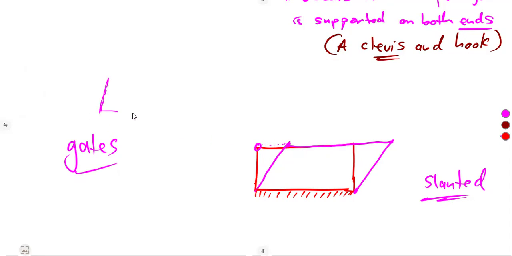The base remains where it was, but you just see a shift that has occurred on that gate. A shift. It is a shear.